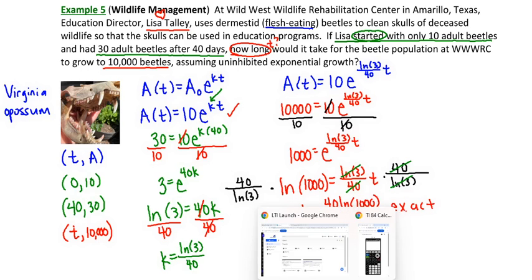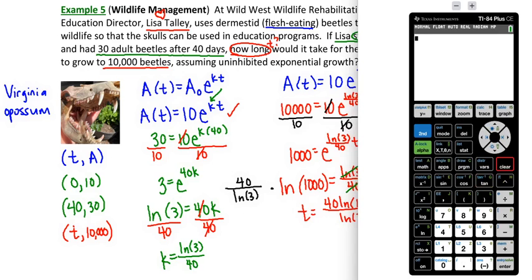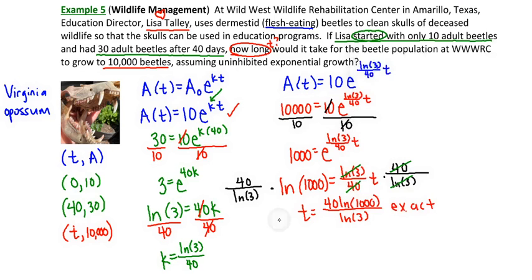But let's go ahead and approximate this with our calculator. So we want to evaluate 40 natural log of 1,000 divided by natural log of 3. And that's going to give us, to the nearest day, approximately 251 days. t is approximately 251 days.